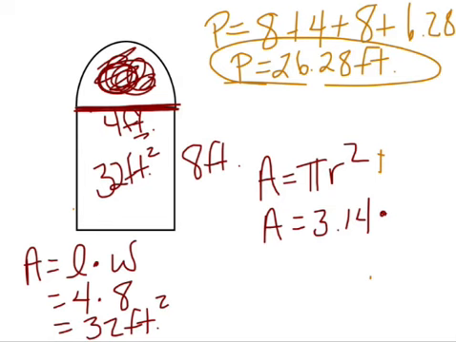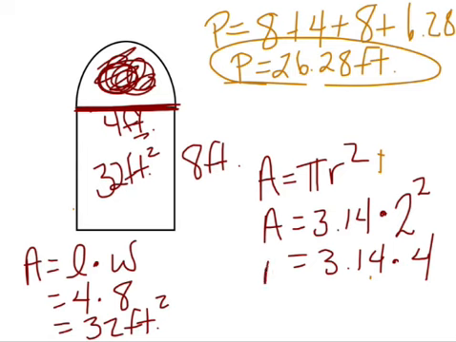I need the radius for my formula though, but remember the radius is half the diameter. So 4 divided by 2 is 2. So I have 2 to the second power. So I have 3.14 times 2 to the second power, which is 4. Plugging that into my calculator, I get area is equal to 12.56 feet squared.